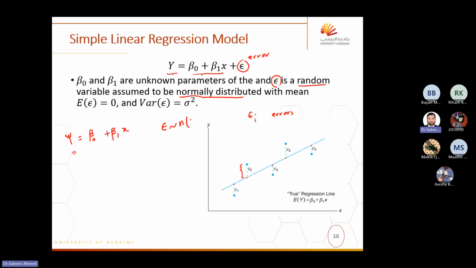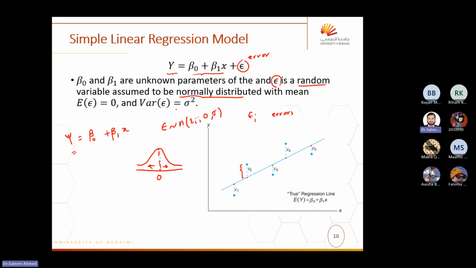Their mean is always 0 and standard deviation is sigma. There are values of epsilon 1, not all are 0, so of course their variance cannot be 0. There will be variance, but their mean will always be 0. So these error terms follow the normal distribution with mean 0, and there will be some sigma, of course.